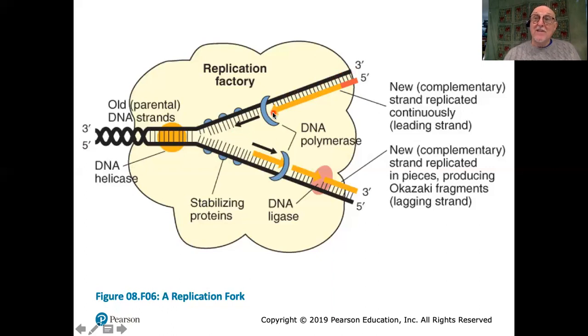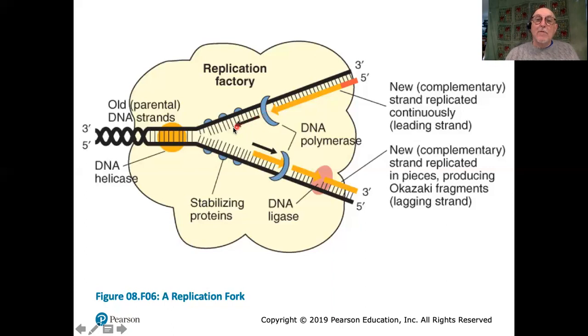It's 3', right? Its 3' hydroxyl is there, 5' to 3'. We always grow strands in the 5' to 3' direction, because it's the 3' hydroxyl at the end which is reactive. We're adding bases here. We're not adding them here. We're adding them here on the new strand, always to the 3' hydroxyl.